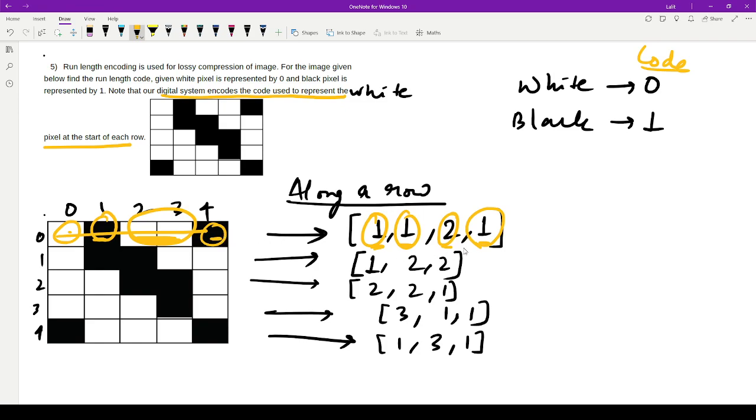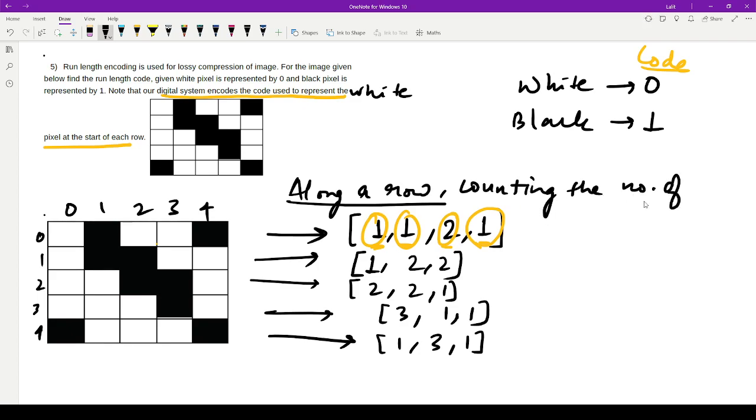Last one is black. No, we are counting here. We are just counting here along a row, just counting the number of occurrences along a row.